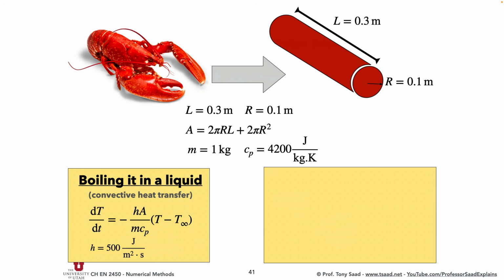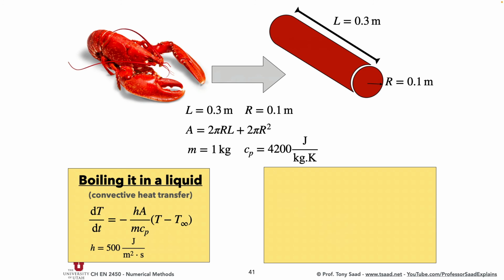The higher the H, the more effective the fluid is in passing its temperature or heat content to the lobster. That's why you might choose oil, because oil has a higher H value. H is called the convective heat transfer coefficient. We heard that early in the course, and you hear it now. But from your perspective now, this is just a coefficient.